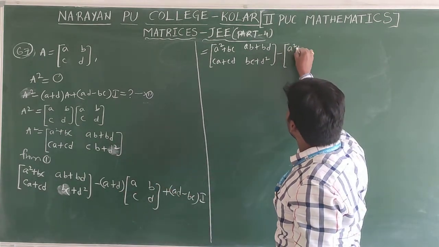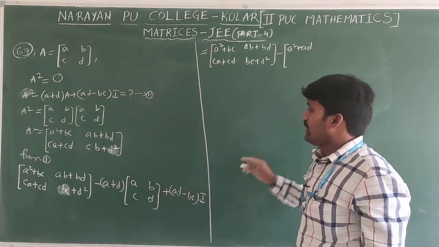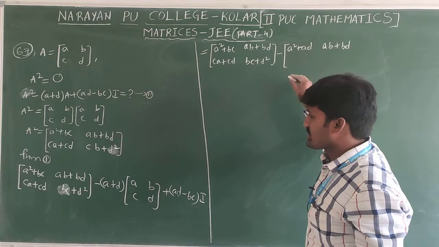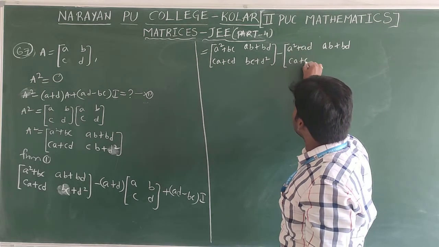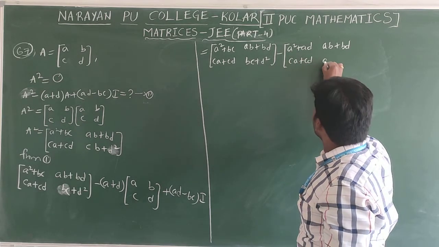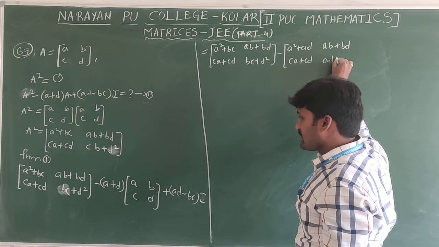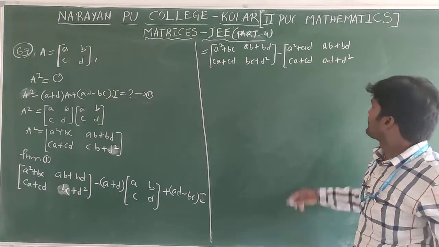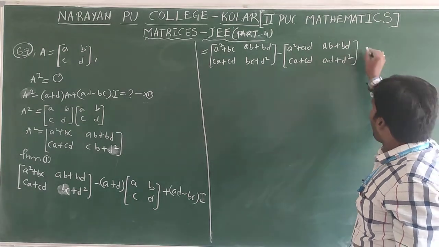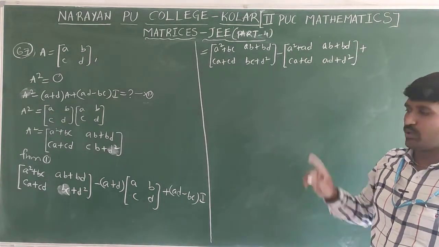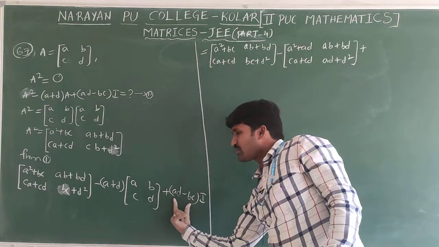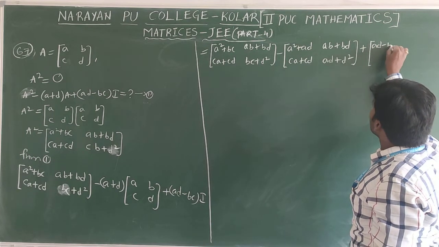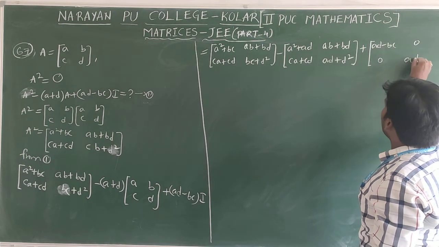A square plus AD, AB plus BD, next CA plus CD, AD plus D square. Now the identity matrix, we already know: 1 0 0 1. For 1 0 0 1, multiply the element, AD minus BC, so what will we get here? AD minus BC, 0, 0, AD minus BC.